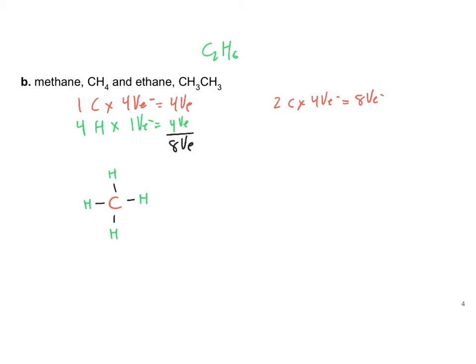And I have 6 hydrogens times 1 valence electron, which is 6 valence electrons. And when I add all that up, that's 14 valence electrons. Now, I'm going to draw this structure sort of as it's written. That's kind of how it looks in real life. So it'd be carbon, carbon. I'm going to bond that together. I'm then going to go ahead and bond my hydrogens around like this.